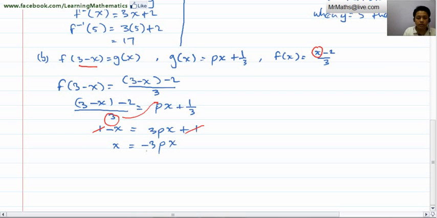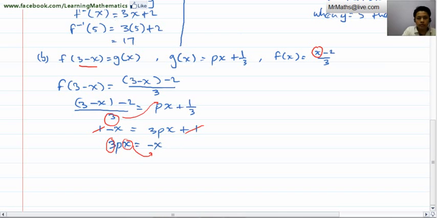Okay, I made a wrong move just now. Let's forget about this step, shall we? Let's just do this. I just switch place. 3px equal to minus x, and then we can bring 3 and x over to the right.